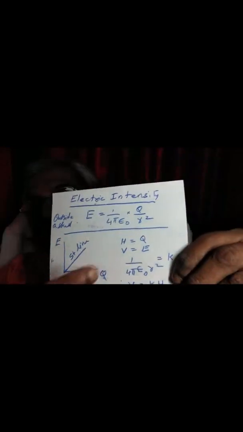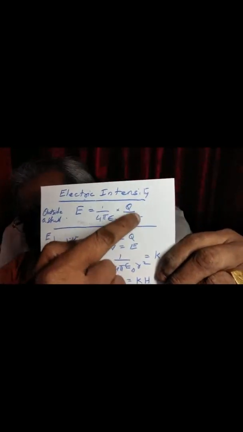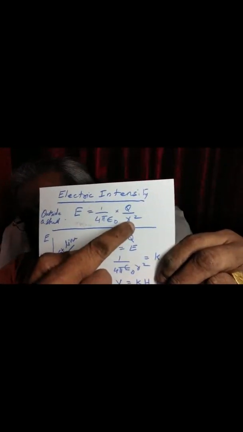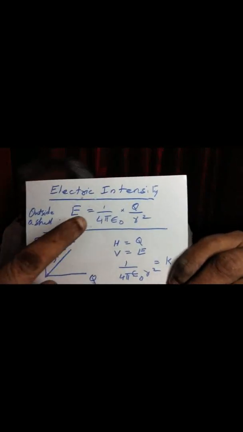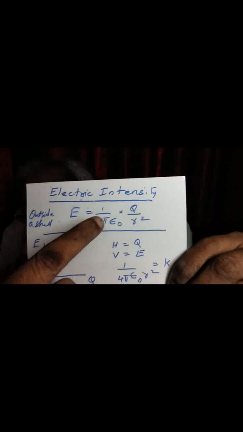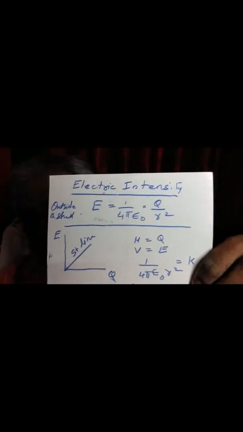Another case, E and 1 by R. So you put 1 by R as H. So 1 by R square is H square. Now this equation takes the form V equals KH square.